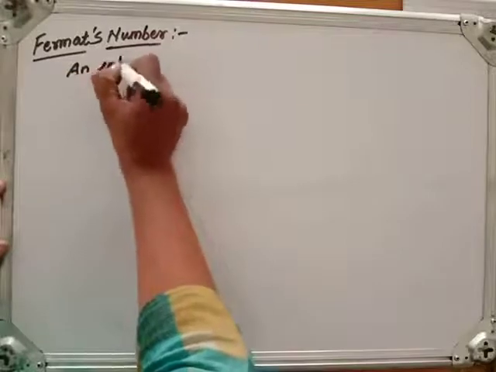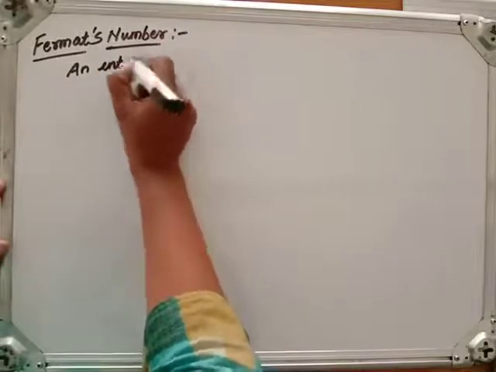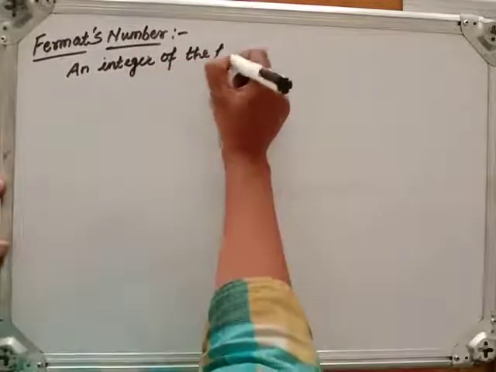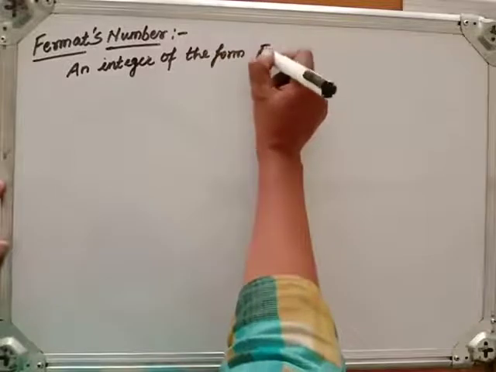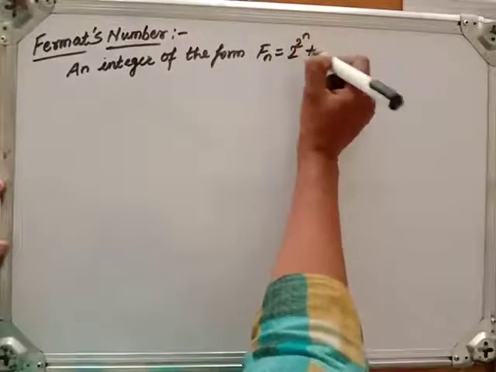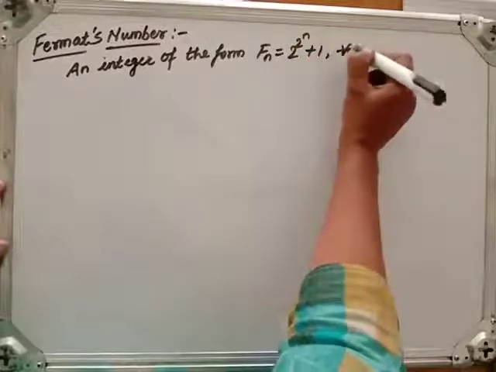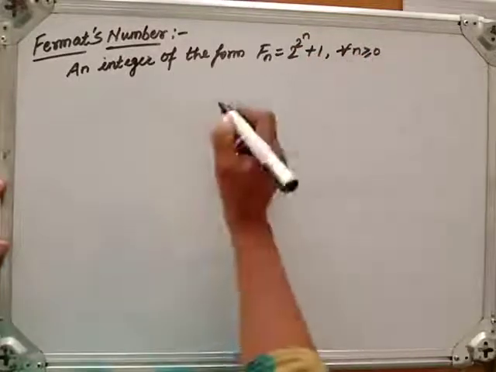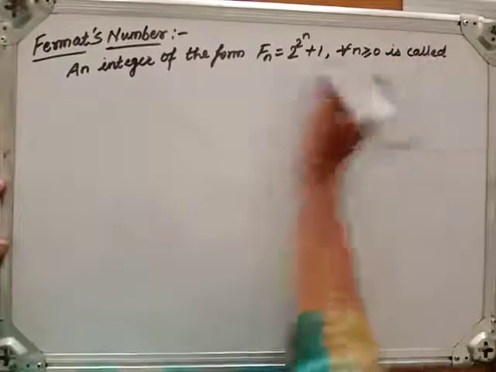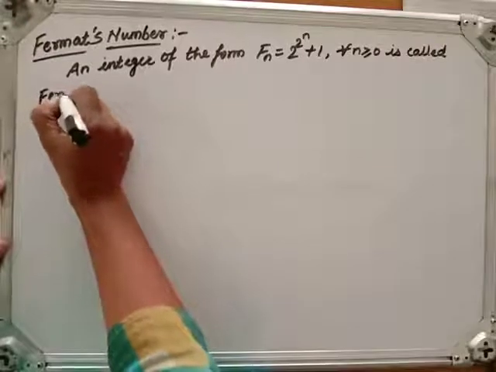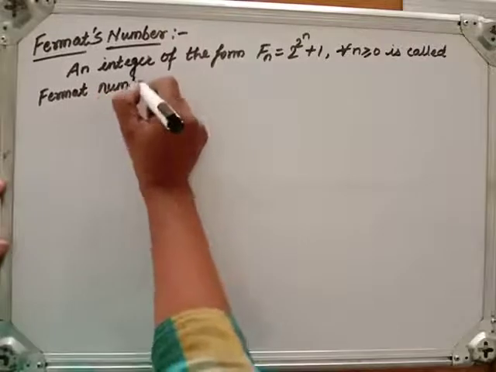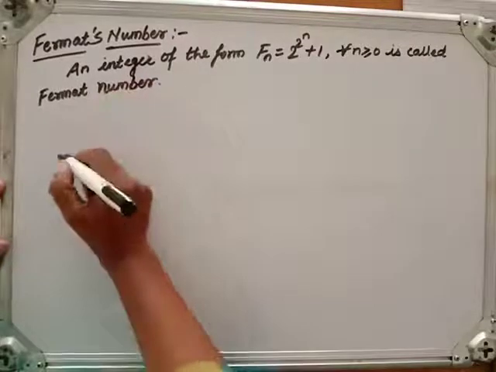An integer of the form Fn is equal to 2 raised to 2^n plus 1 for all n greater than or equal to 0 is called a Fermat number.